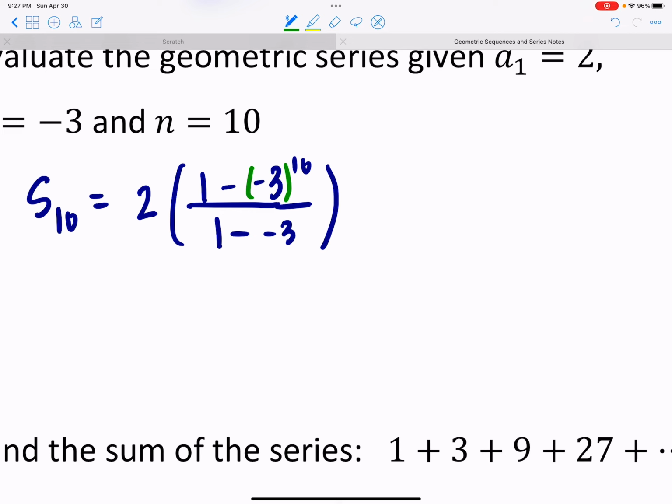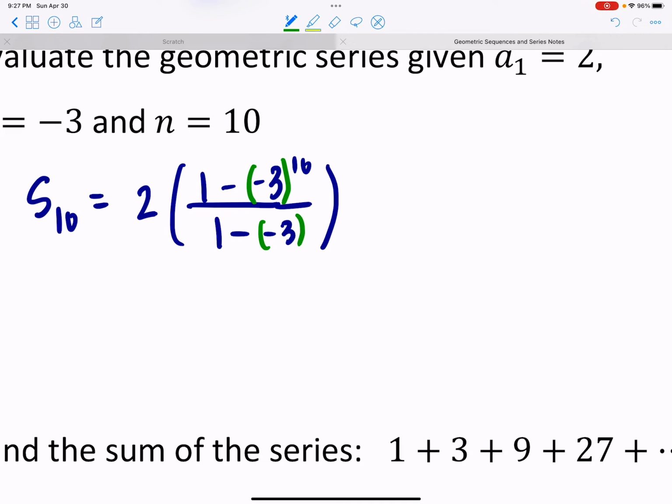If the parentheses aren't here, the 10 is going to apply to the 3, and then it would multiply by a negative, and then it would multiply by another negative. That's going to give us a positive result, which is not what we want here, because we want negative 3 to be raised to the 10th power, and then we want it to be multiplied by a negative. So it's good practice to use parentheses when we input values into formulas.